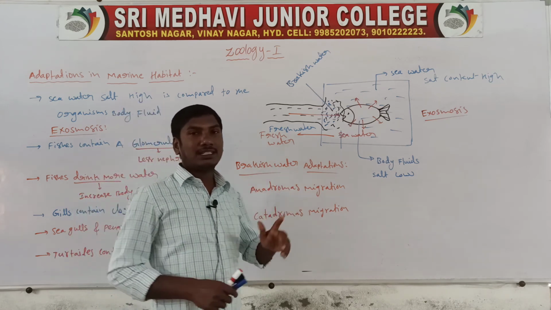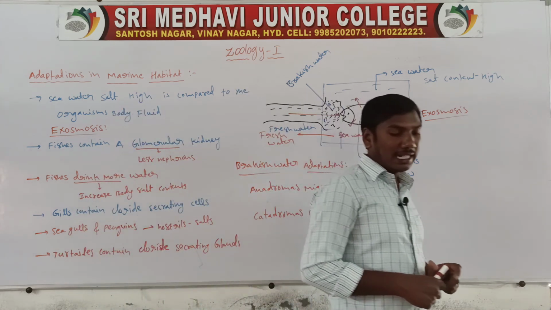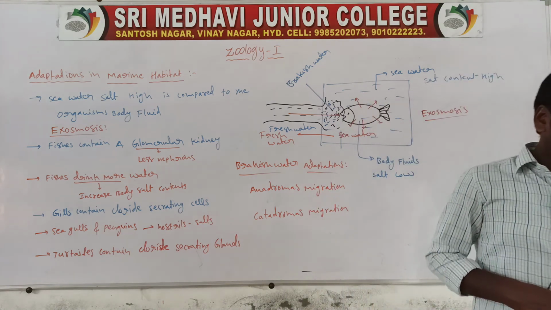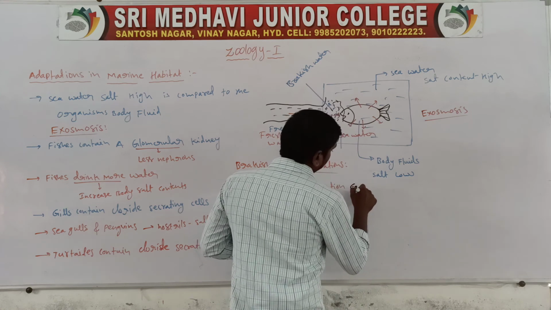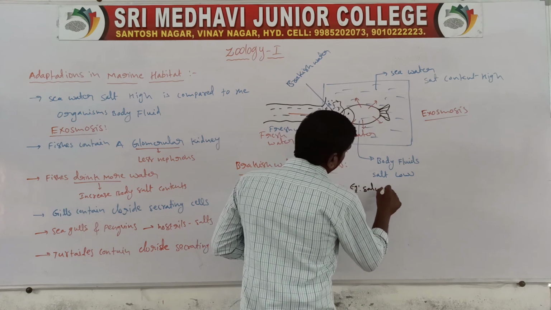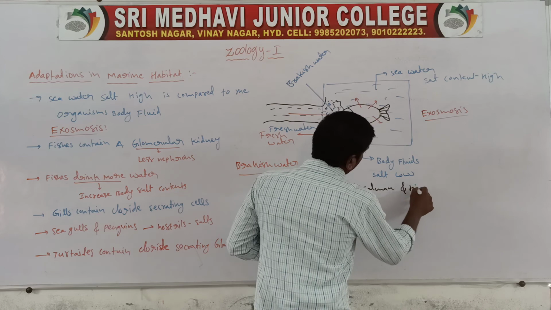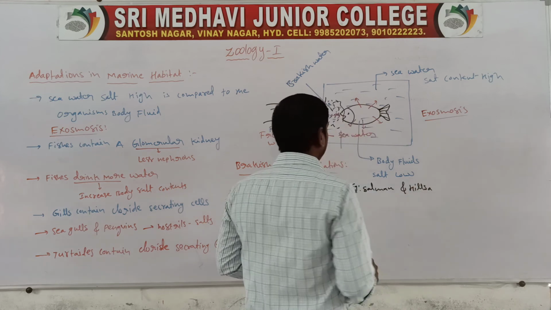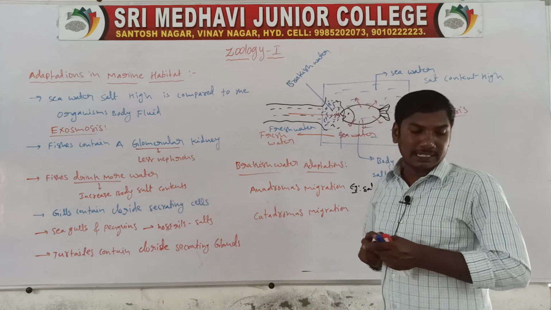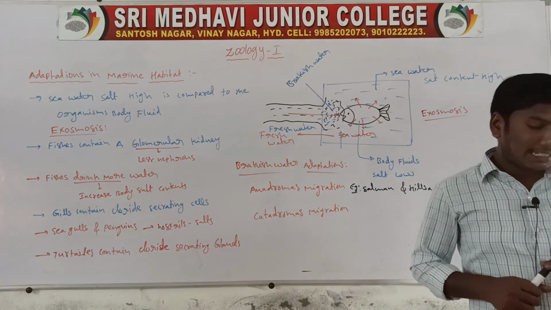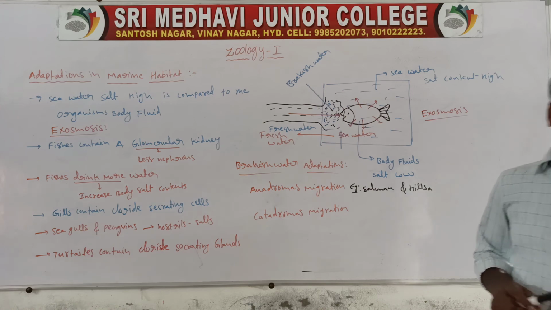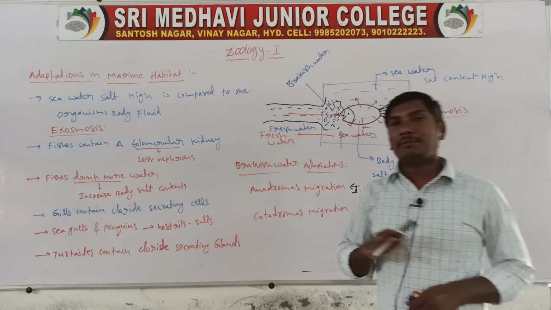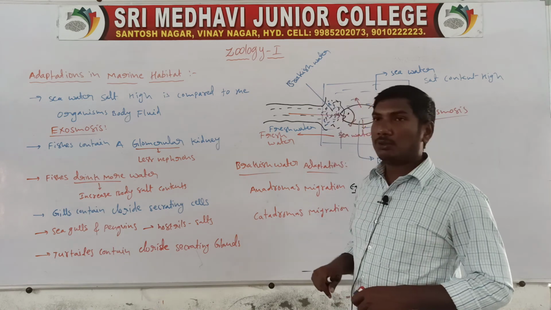An example of anadromous migration is salmon and hilsa. An example of catadromous migration is Anguilla bengalensis.